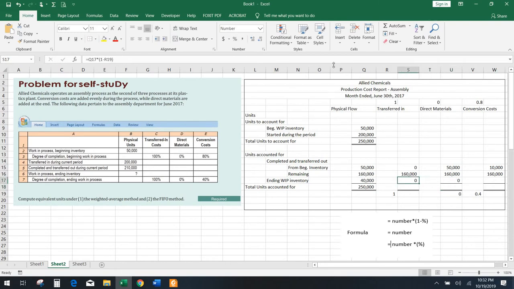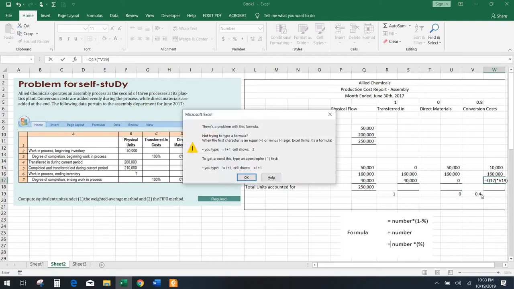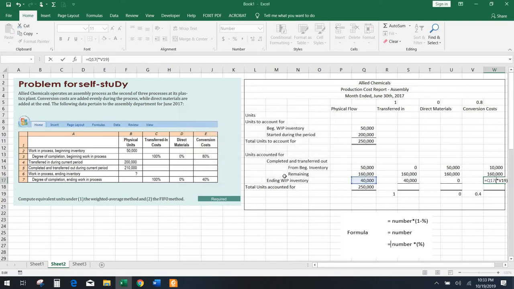I don't think I did that right. I put 1 minus. Sorry about that. It's just the percentage. Okay. Let me do it correctly this time. This equals the number multiplied times the percentage. Okay. Let me redo this.